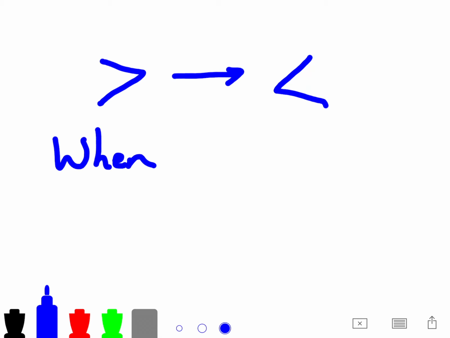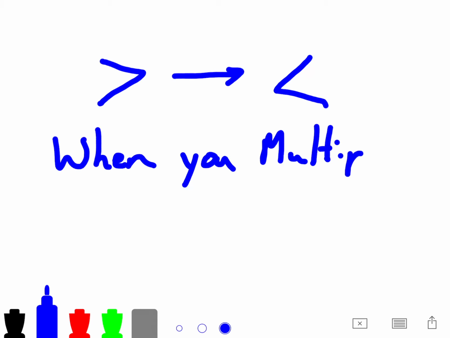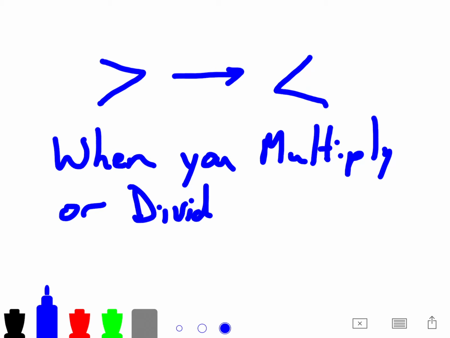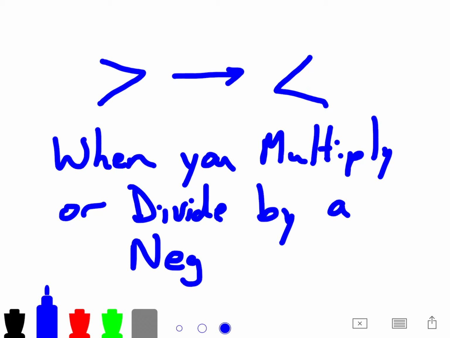When you multiply or divide by a negative. That's the rule. When you multiply or divide by a negative, you flip the inequality sign from whatever it was to whatever it is. And we're going to explore why that is here in just a second.